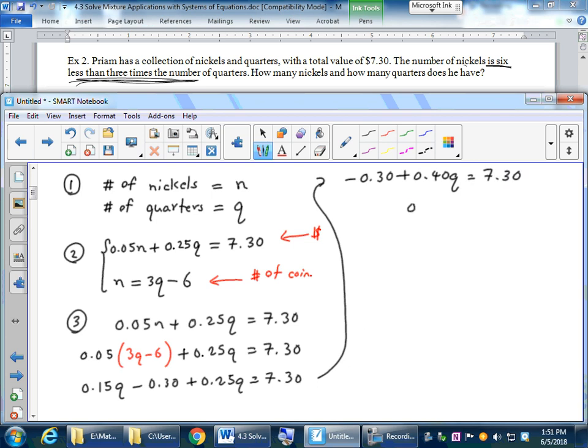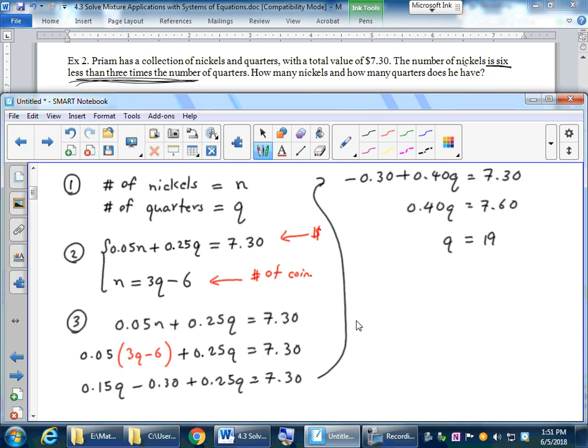Now adding 0.30 to both sides gives us 7.60 on the right hand side. And finally divide both sides by 0.40. So 7.60 divided by 0.40 gives us 19.